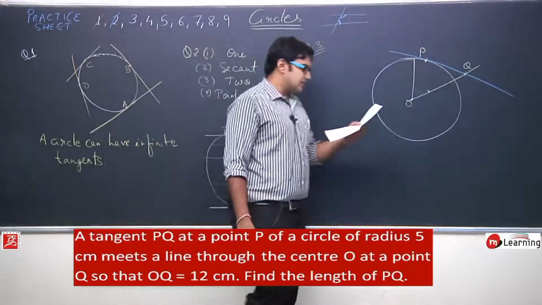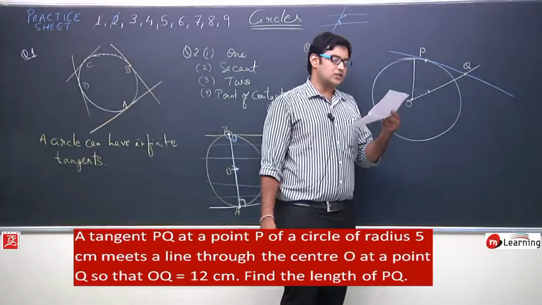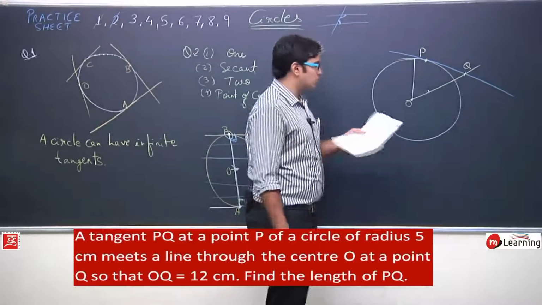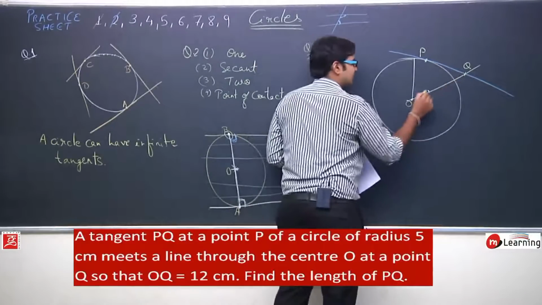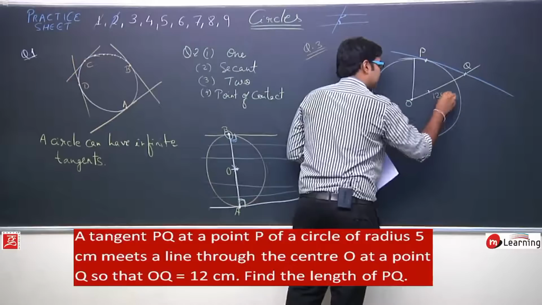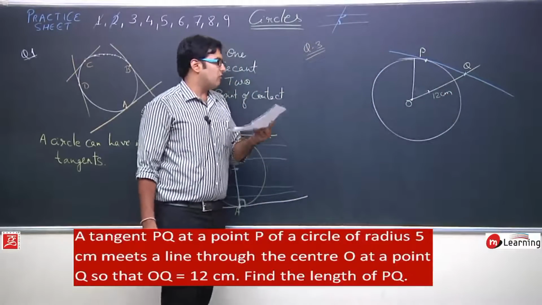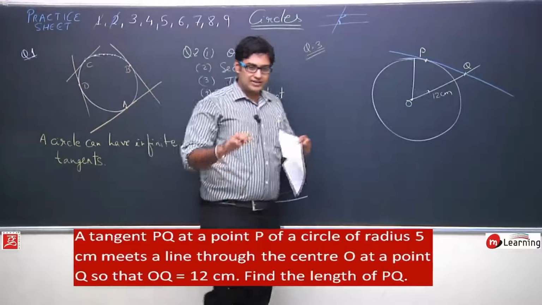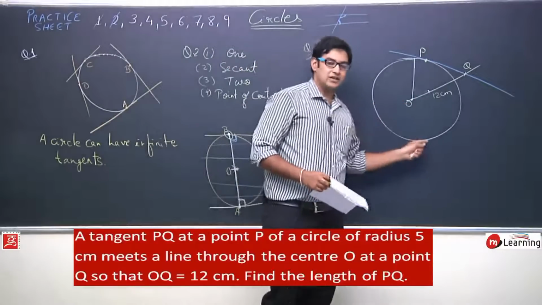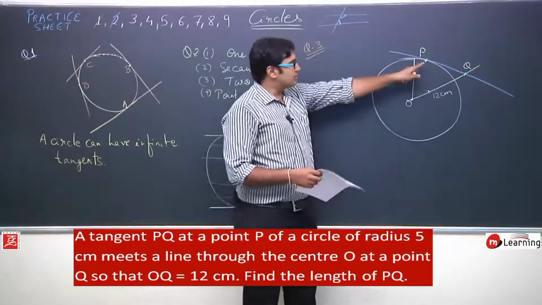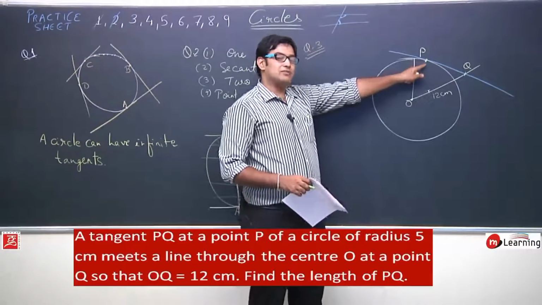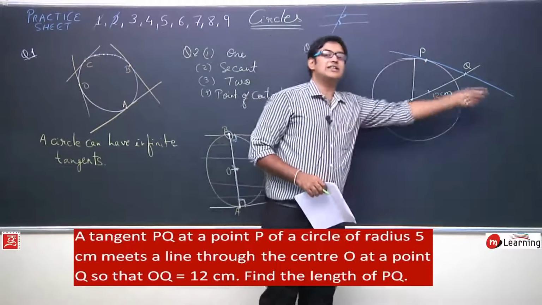Then it says the length of OQ is 12 centimeters. Then find the length of PQ. So what is given in the question is that there is a circle with center O. There is a point P on the circle, and from this point I have drawn a tangent.